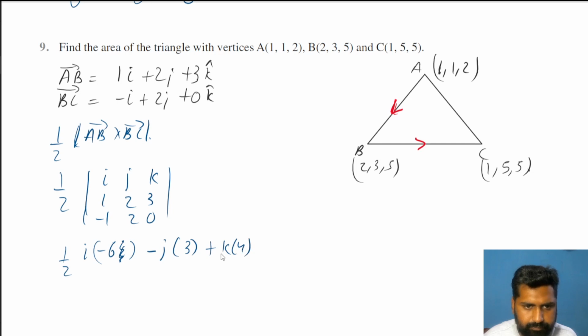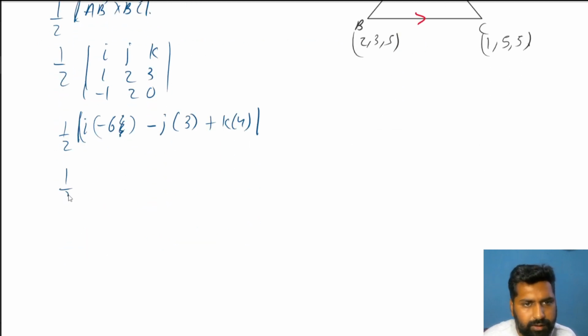So this is the vector now, and we have to calculate the magnitude of it to get the value of area. So magnitude will be square root of 6 square 36, 3 square 9, 4 square 16.